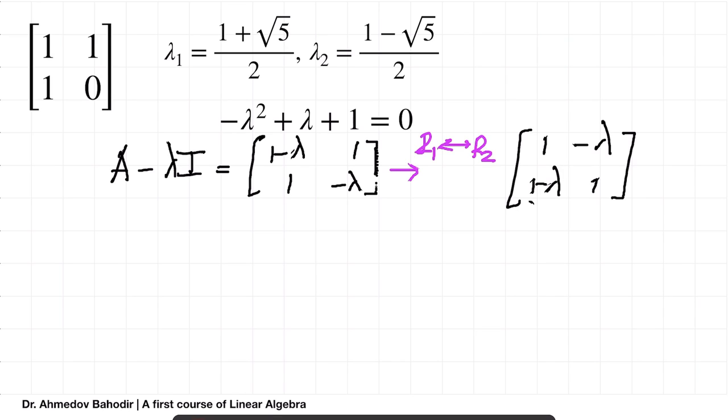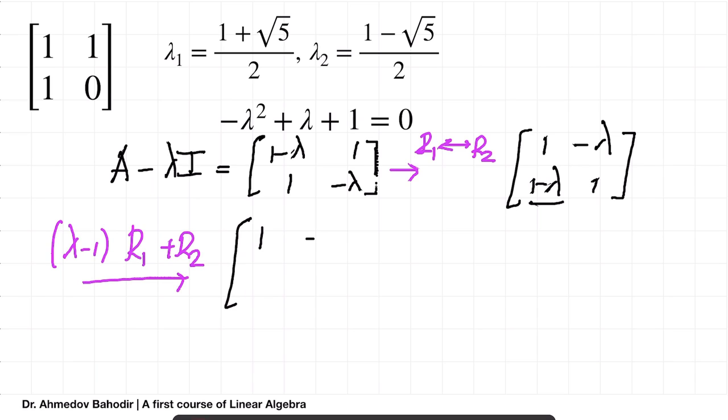If you do that, what you get is 1, minus lambda, 1 minus lambda, 1. So we need to get rid of the 1 minus lambda. In order to do this, I'm going to multiply the first row by lambda minus 1 and add this to the second. What we get is going to be 0 here, and minus lambda times 1 minus lambda plus 1 in this case.